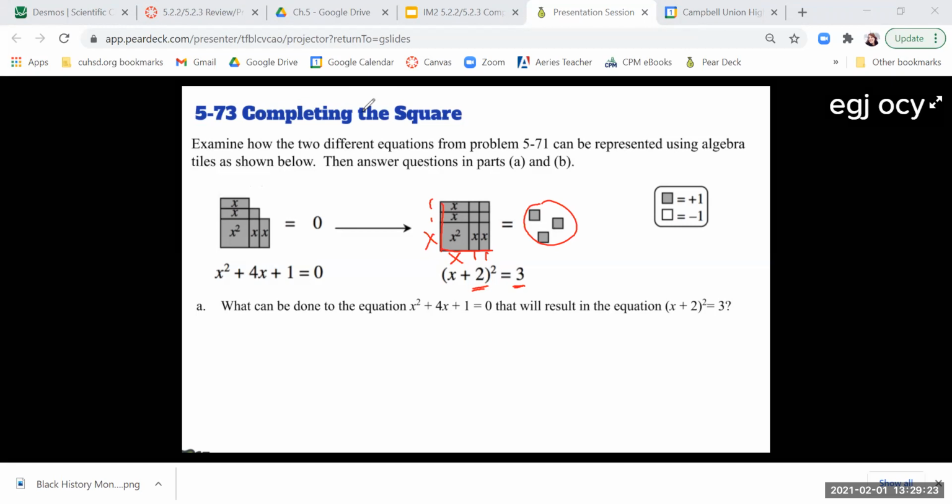So what we want to do in part A, it says what can be done to the equation on the left, this one, that will result in the equation on the right. So a change in this diagram to force it to look like this diagram. And I see that some people have already answered it on their Pear Deck.